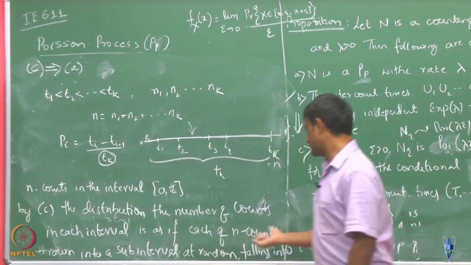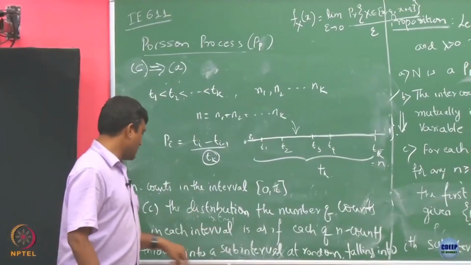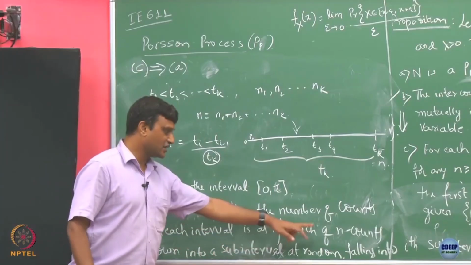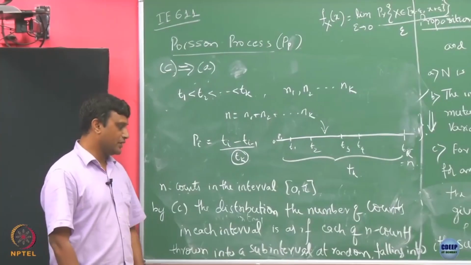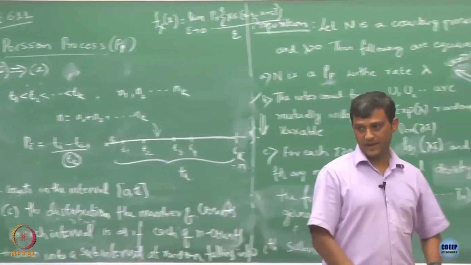Okay. So that is what we are going to now use. So the distribution of the number of counts in each interval is as if each of the n counts thrown into the subinterval at random falls into the ith interval with probability pi.